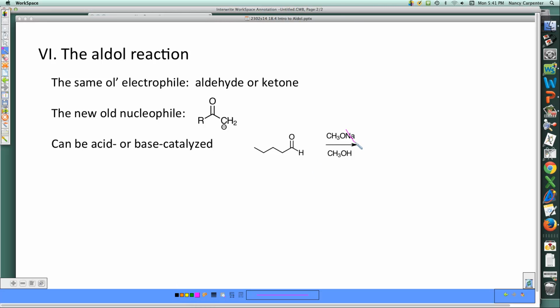Well, I know I have a base/nucleophile here, so I need to be thinking about what's going to happen over here. And as I mentioned in class, it makes perfect sense that you would add to the carbonyl carbon, and you'd think, well, there you go. That's what I got.